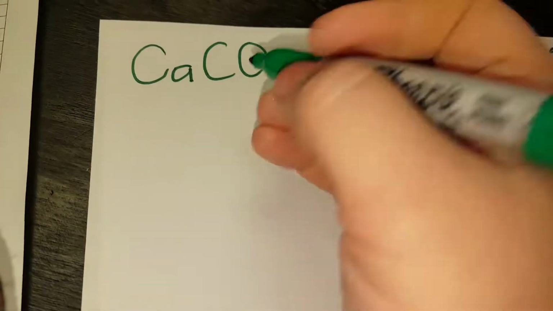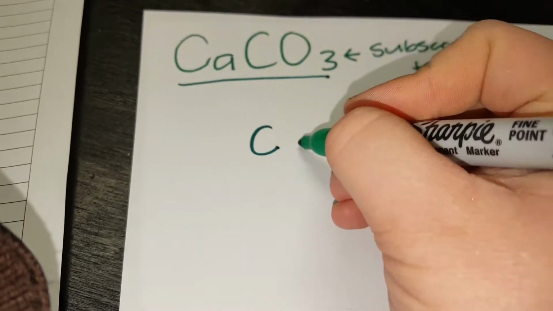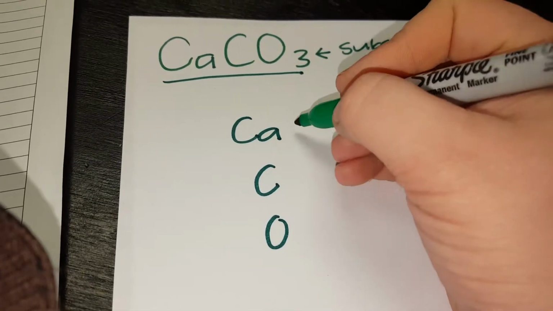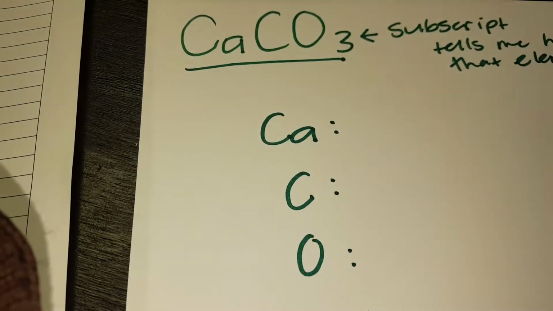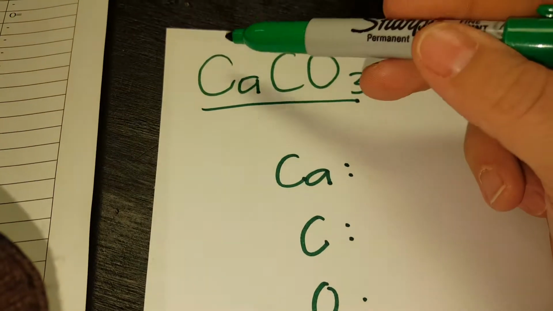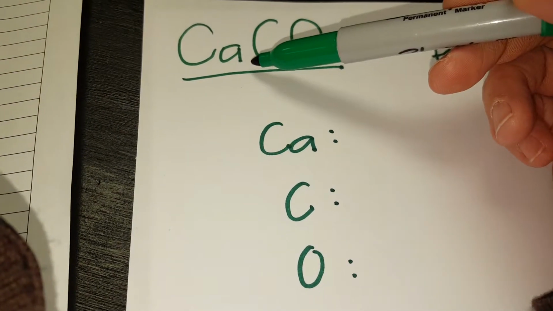Alright, so the first thing I want to do is take all of my elements out of this molecule and make a list with them. Calcium, carbon, and oxygen. And then I'm going to count how many atoms I have for each one. So I'm going to look here at calcium, and calcium does not have a coefficient in the front, and it does not have a subscript at the back.